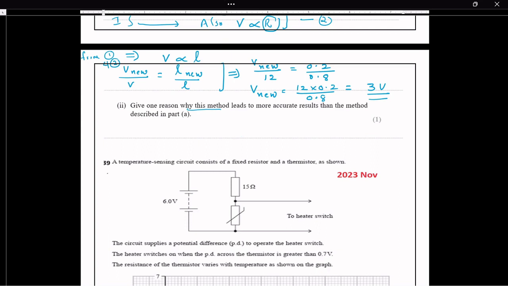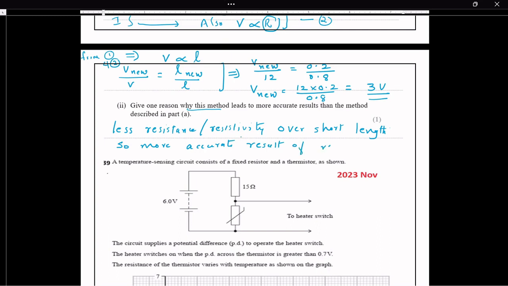So we can write less resistance or resistivity over short length. So more accurate result of resistivity.